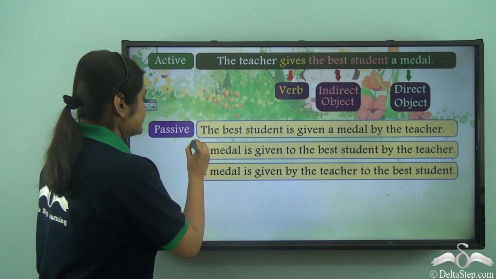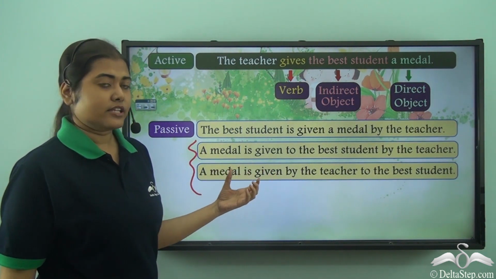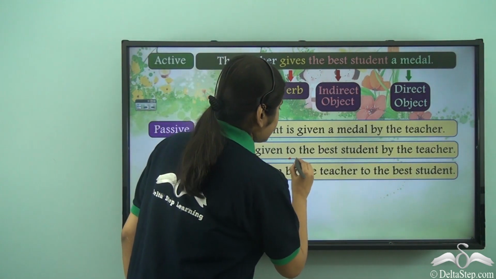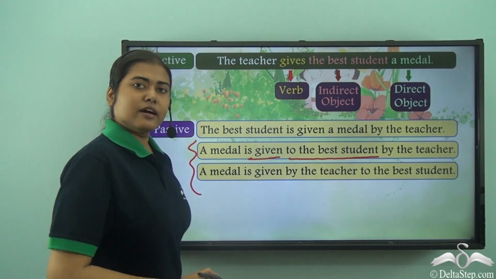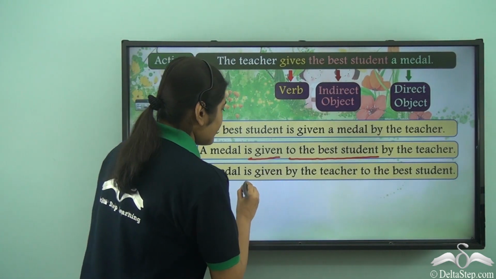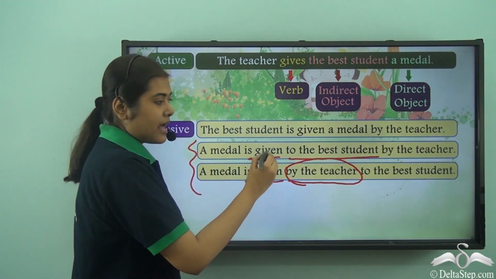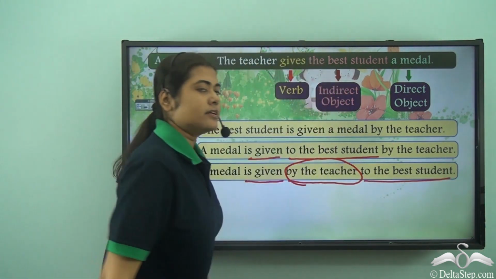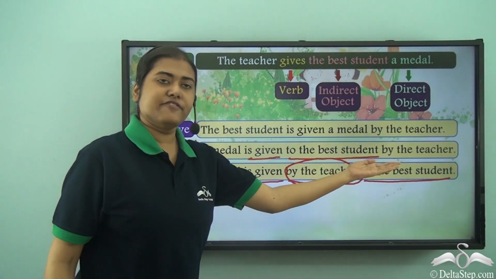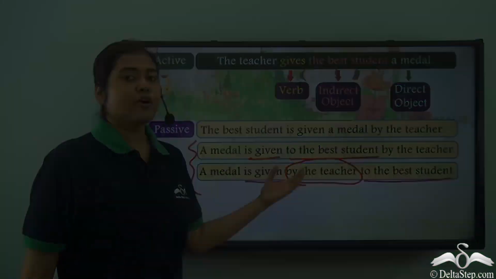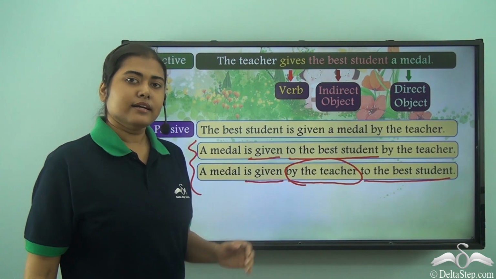So note, these two sentences are almost the same. The difference is that in this case, to the best student is written just after the verb, whereas in this case, we have mentioned the doer after the verb and then we have added the object part. Since we have two prepositional phrases after the verb, we can interchange their positions. So both of them are correct.